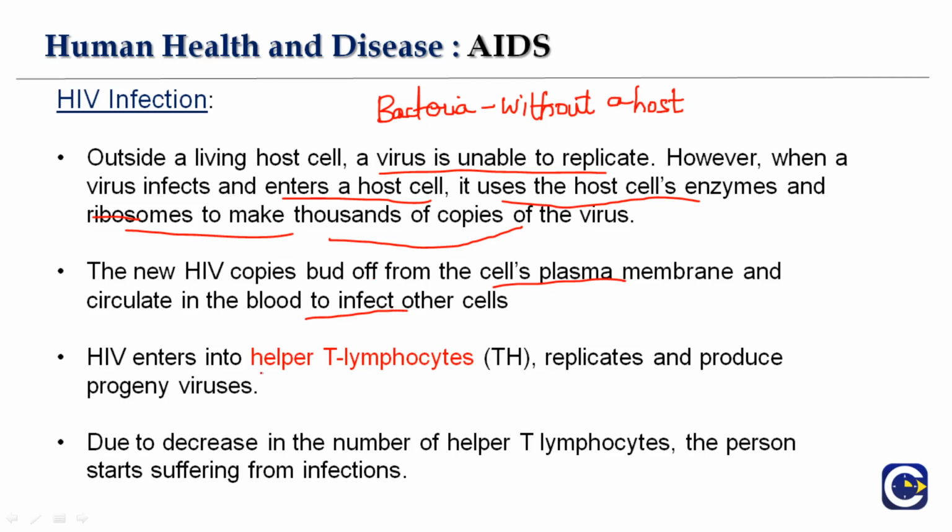So HIV enters into the helper T lymphocytes, which are your major component of your human immune system. They call it T helper cells simply. And as I already said, when we talked about immunity, we have B lymphocytes and T lymphocytes. T lymphocytes play a major role in the immunity part, and especially T helper cells.